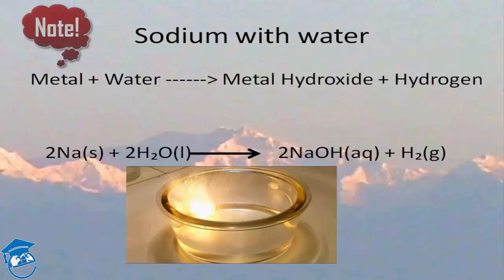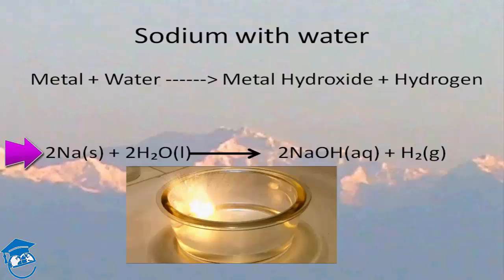Friends, sodium is a very reactive metal, just because of its one electron in the outermost shell, making it highly reactive and giving it the property to combine readily with other elements or compounds.